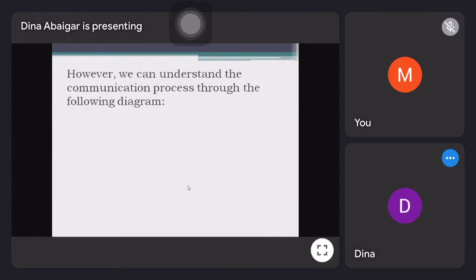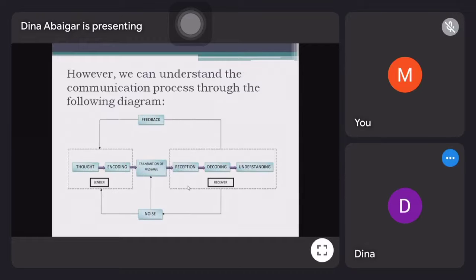However, we can understand the communication process through the following diagram. As we can see, we have here the sender and the receiver. The sender gives some thoughts, ideas, or message through symbols or encoding.